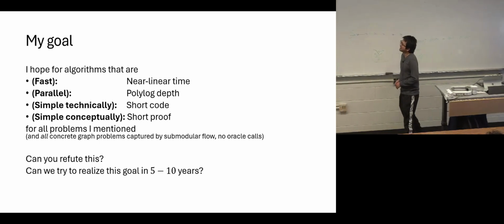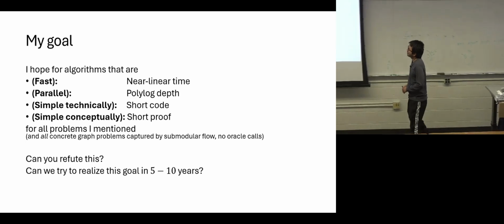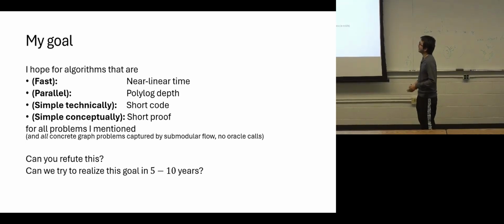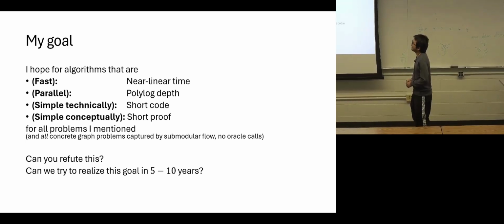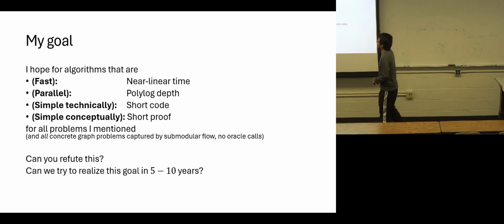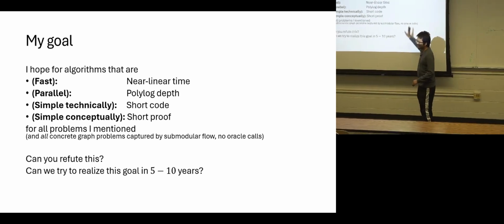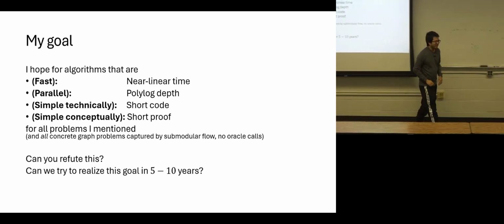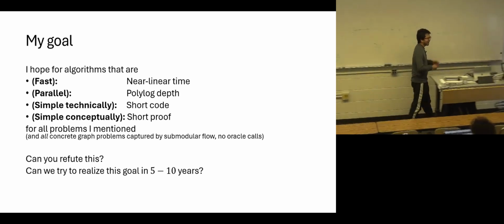Four or five years ago, I taught a similar course like this, and I asked to try to prove a max flow algorithm in almost linear time. And two years later, people proved it. So now I think this is more ambitious. So maybe if you think it's interesting, we can try.